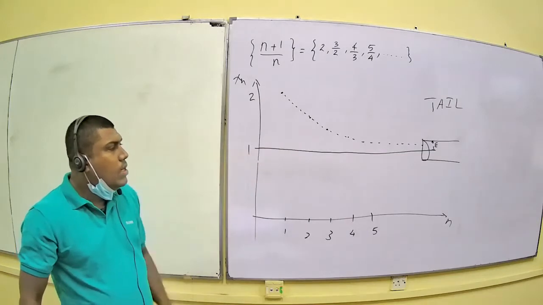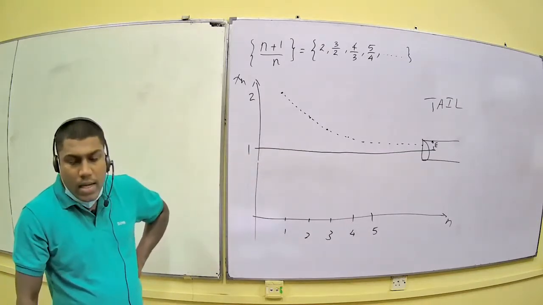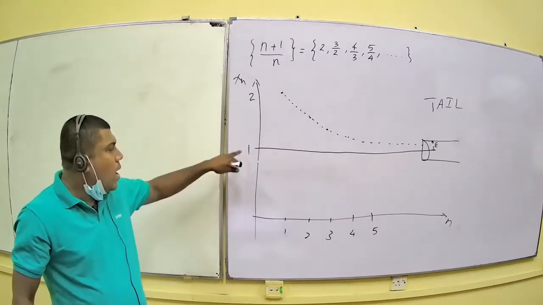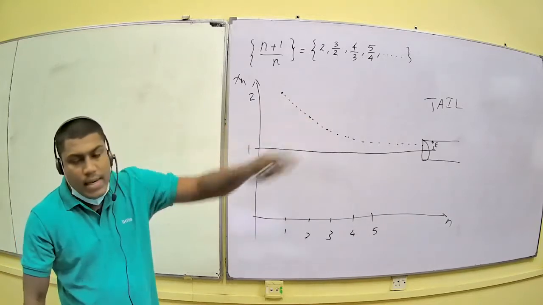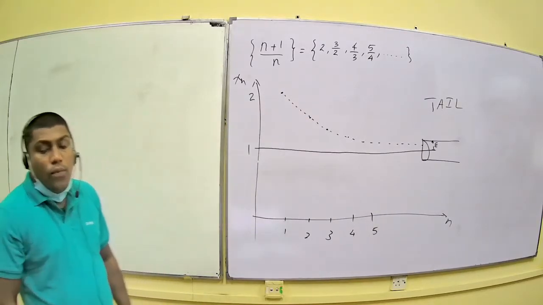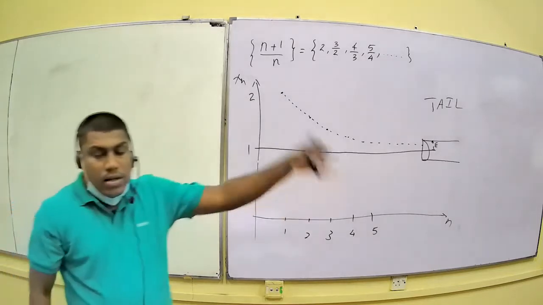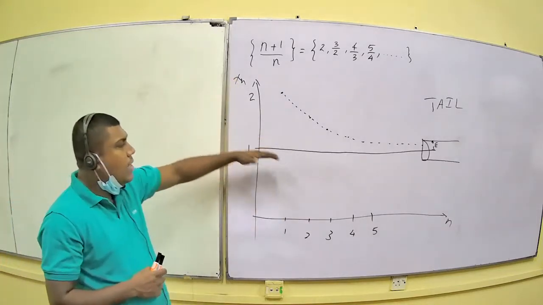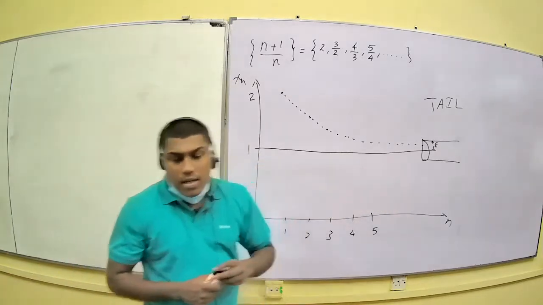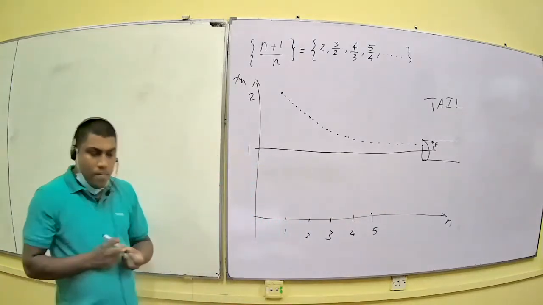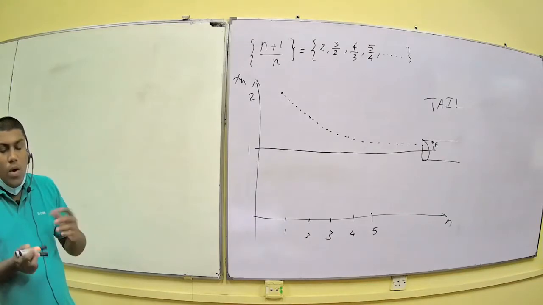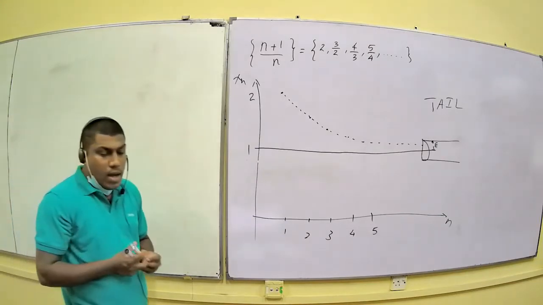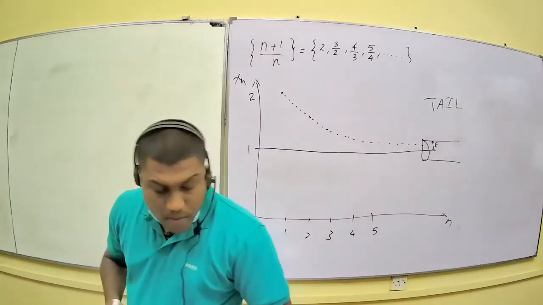If you put a tube of radius epsilon around 1 and the tail of the sequence goes inside the tube, then we can say that the sequence is converging towards 1. How do we formally write it down?